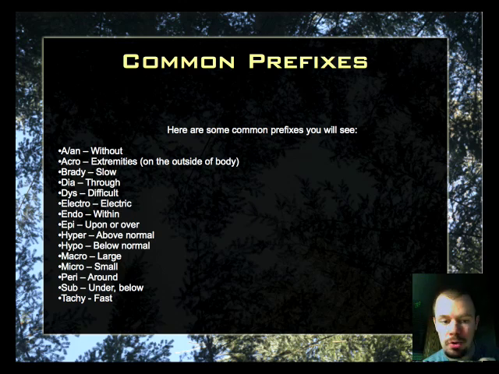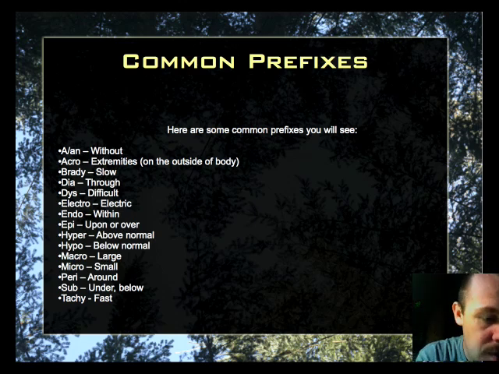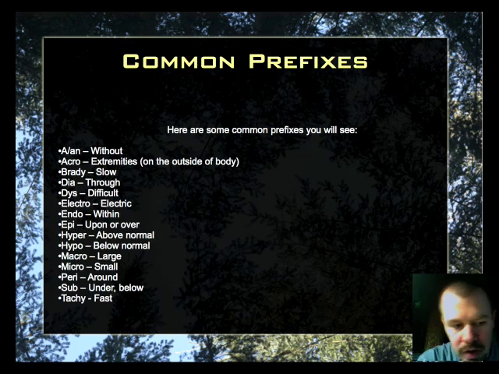So like a microscope would be something to see something small, whereas a macroscope would be to see something large. Peri, around. Sub, under, below. So like subarctic, for example, would be below Arctic. Tachy would be fast.